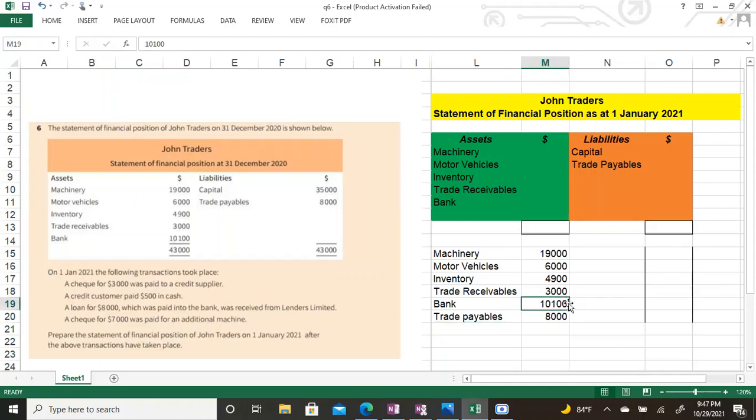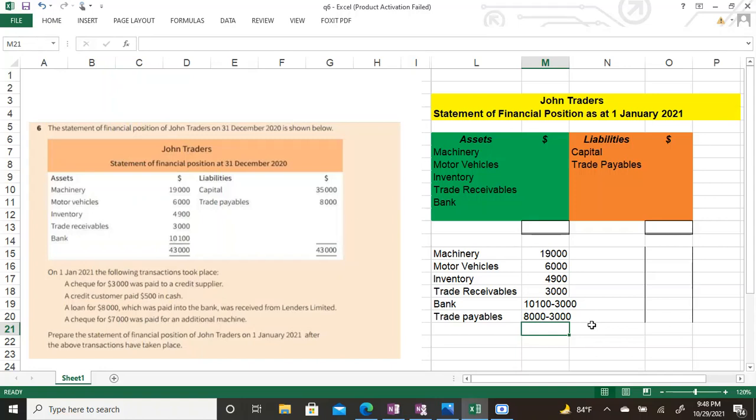So from the bank, 10,100, now here you write minus 3,000. And paid to a credit supplier, so the credit suppliers will also decrease. Before, we had to pay 8,000 to the credit supplier. After paying this 3,000, now the balance of the credit supplier will decrease. That's why I deducted this 3,000 from trade payables.